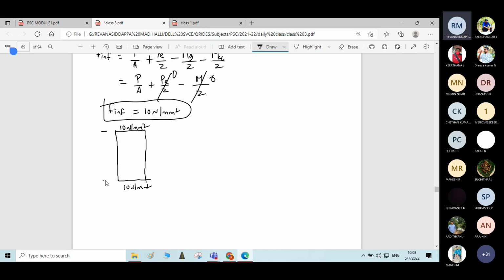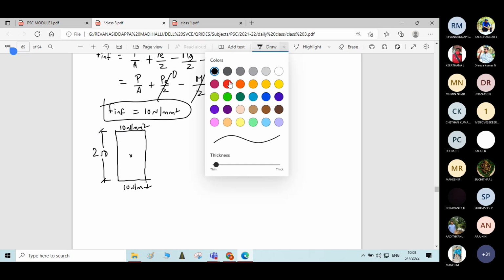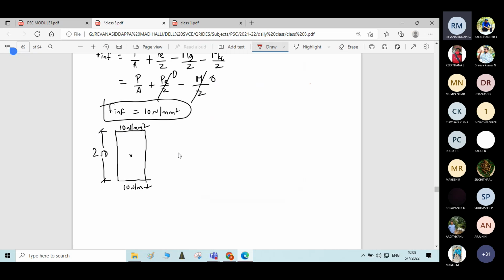Overall depth is 250. If you locate the center, where will you get it? Exactly at the center of the depth, because it is a rectangle. Here you will get the resultant thrust of the stress distribution diagram. Let me denote it as R. Its distance will be 125 mm, means 250 divided by 2, from the support.